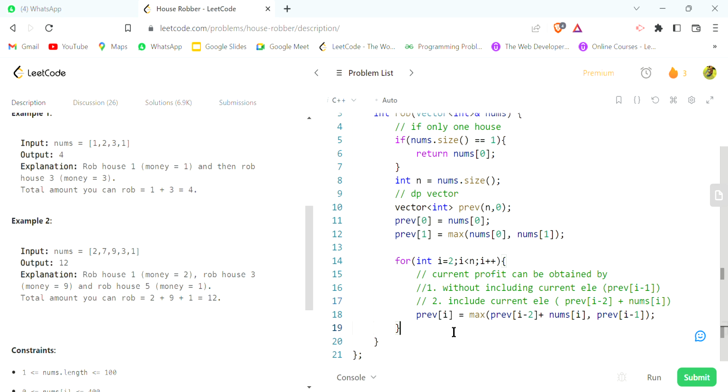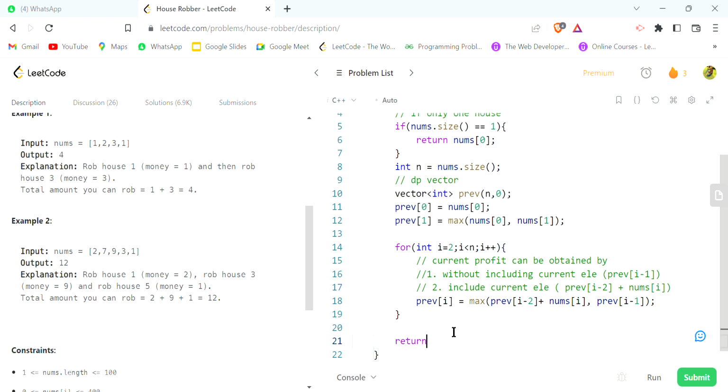And in the end we simply return the maximum of previous n minus 1 or previous n minus 2. So it is going to work.